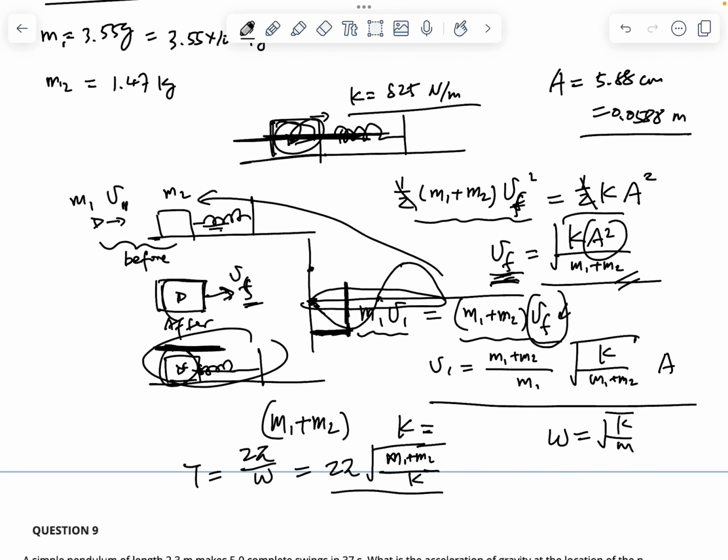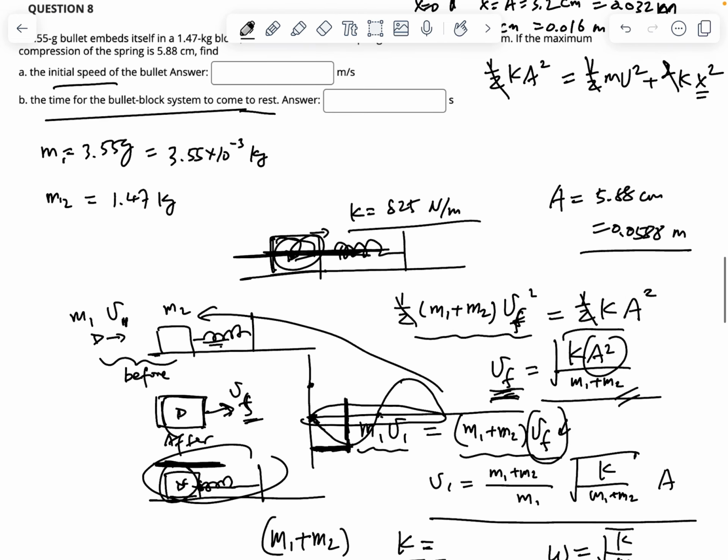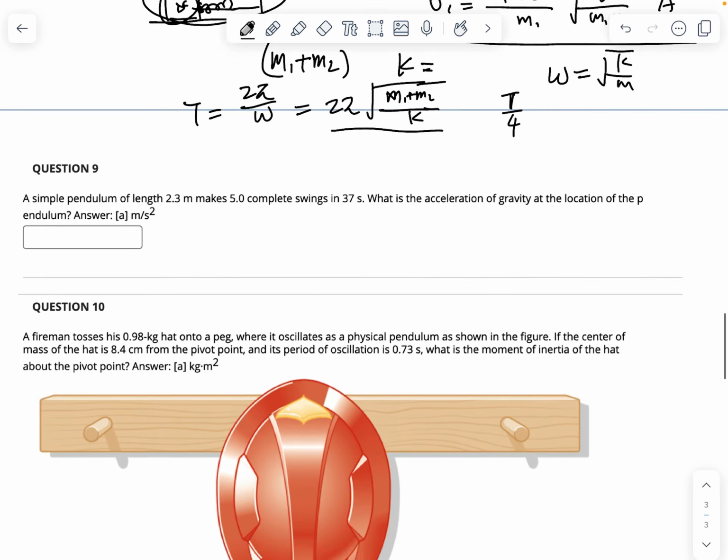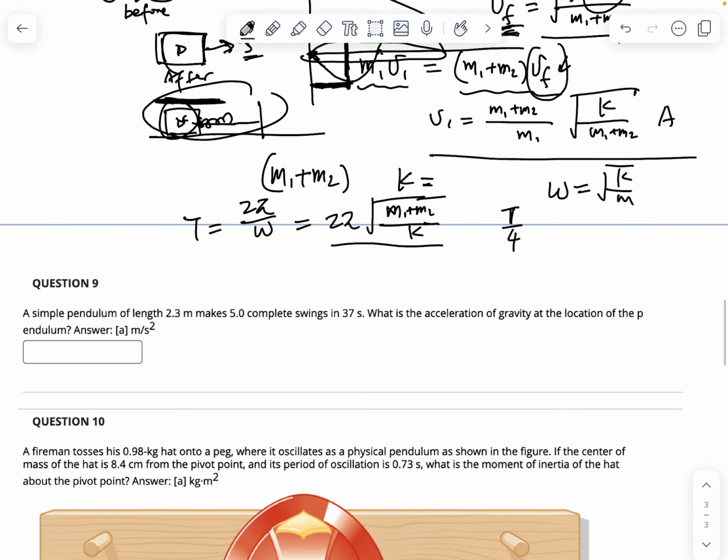It takes about 1/4 of the period to bring it to a stop. Well, it won't stop there forever, right? After you reach a stop, you move back. Okay, so you have oscillation. All right, so that is this problem.